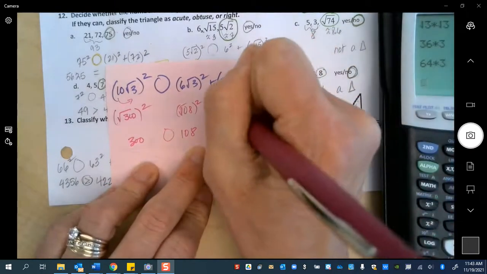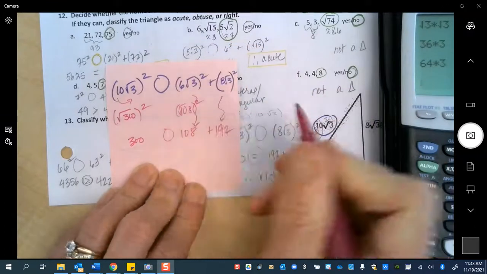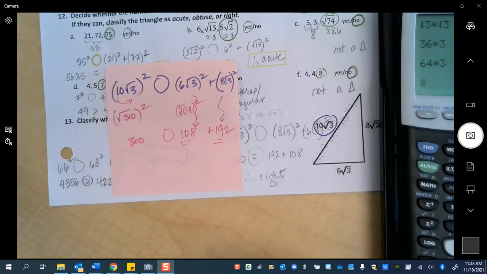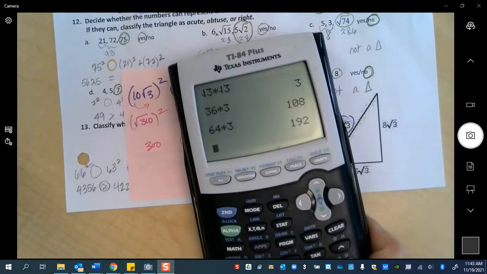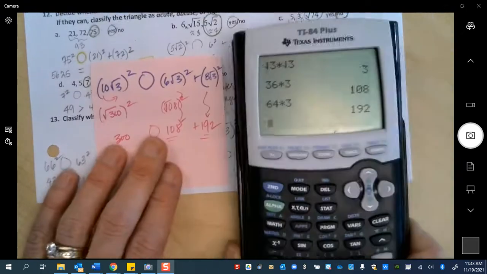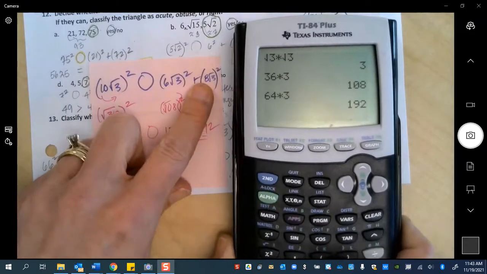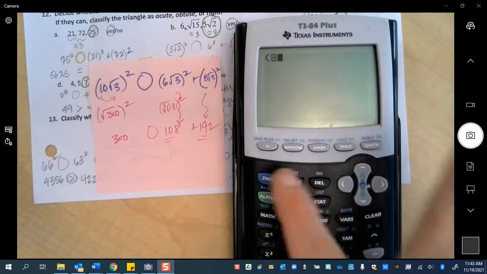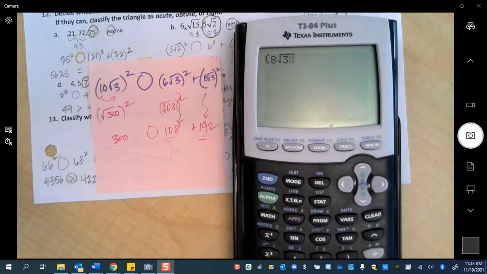So is your question about how I get these values? Yeah. Does that answer it? Yeah. So you have a bunch of different choices. Are you a calculator person where you type it in? Because if you are, if I'm doing 8 roots of 3, I need to make sure that I'm doing parentheses, 8 square root of 3.